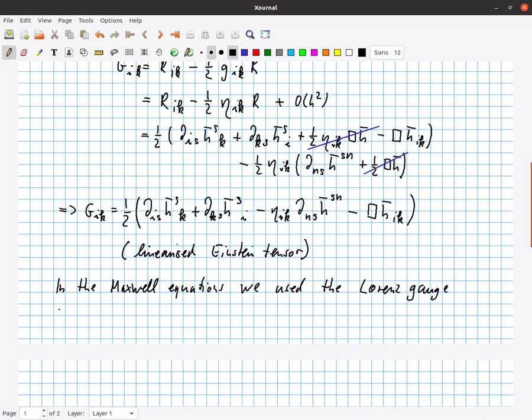Just as a reminder, the Lorentz gauge meant that we could choose the A in such a way that it satisfies the equation that the covariant divergence of h vanishes.